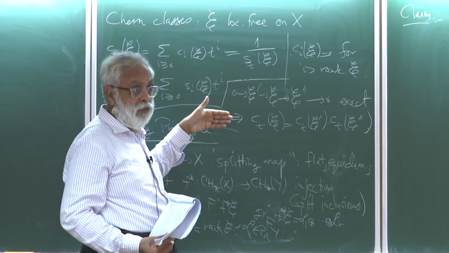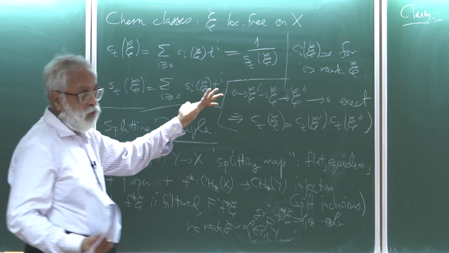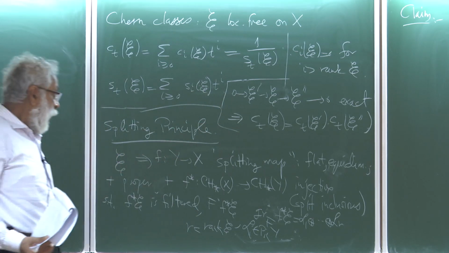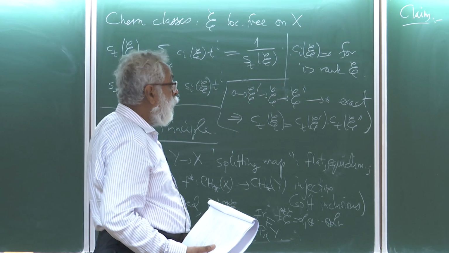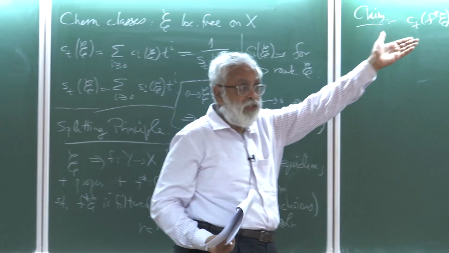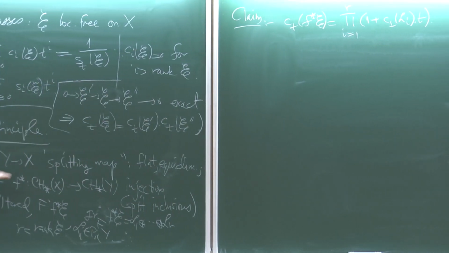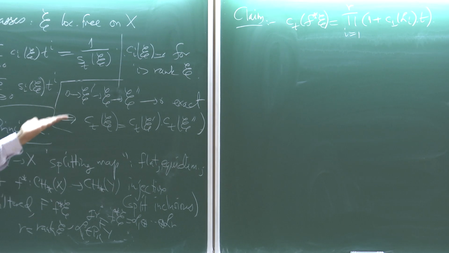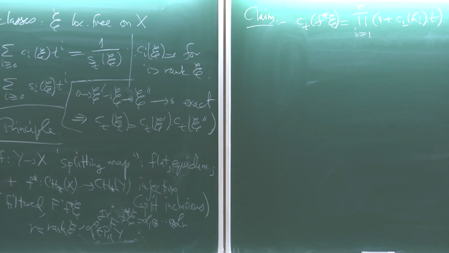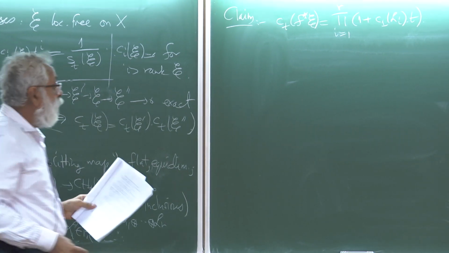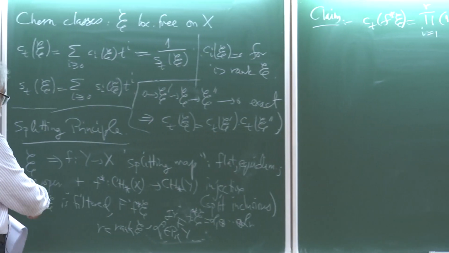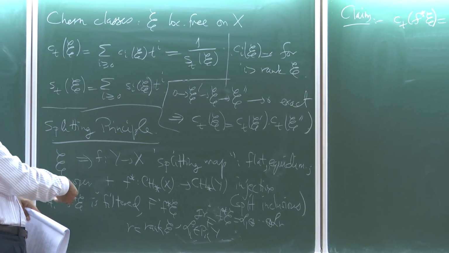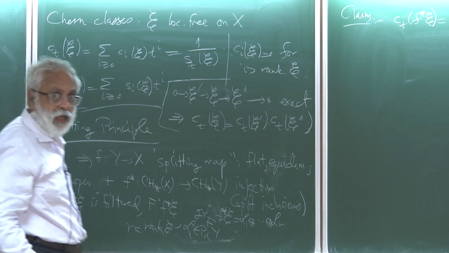Construct such a filtration which is compatible with the exact sequence, which you can do. Then apply this formula to each of the three things, and then you get the fact that C_t multiplies. So all the properties follow immediately once you've got that claim. And of course the claim, for it to make sense, I have to have these line bundles. Originally they are not there, but after going to the splitting place I can construct them.